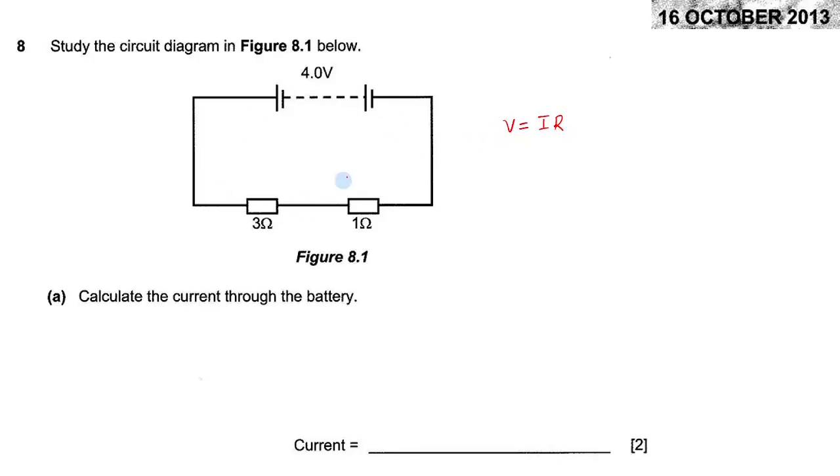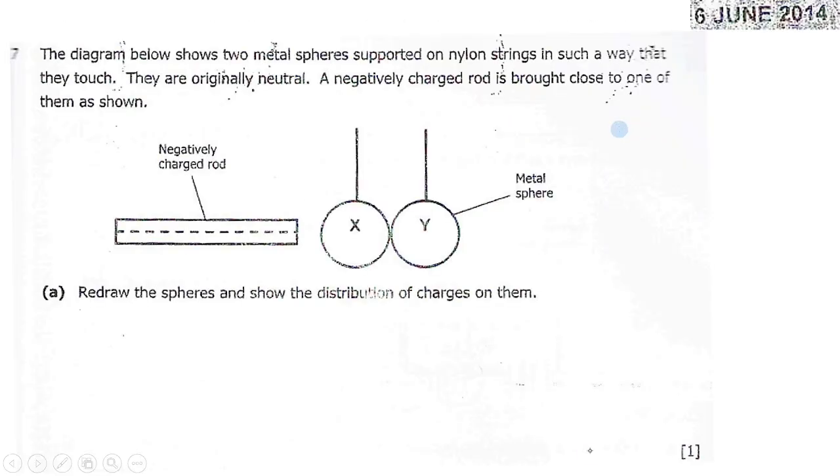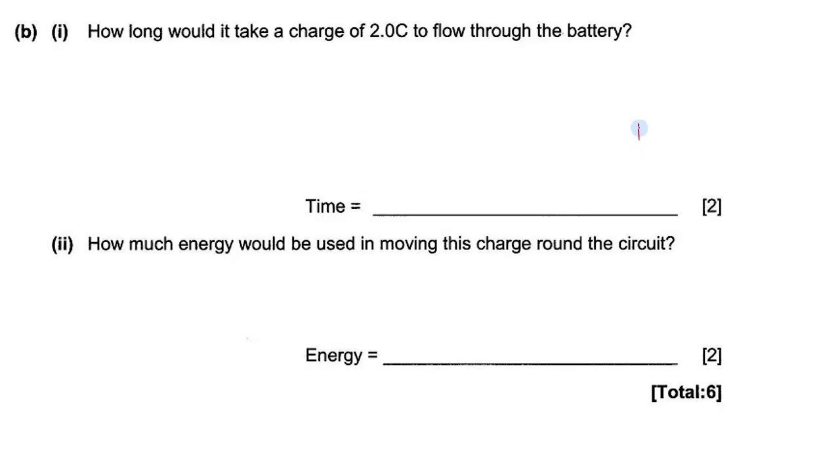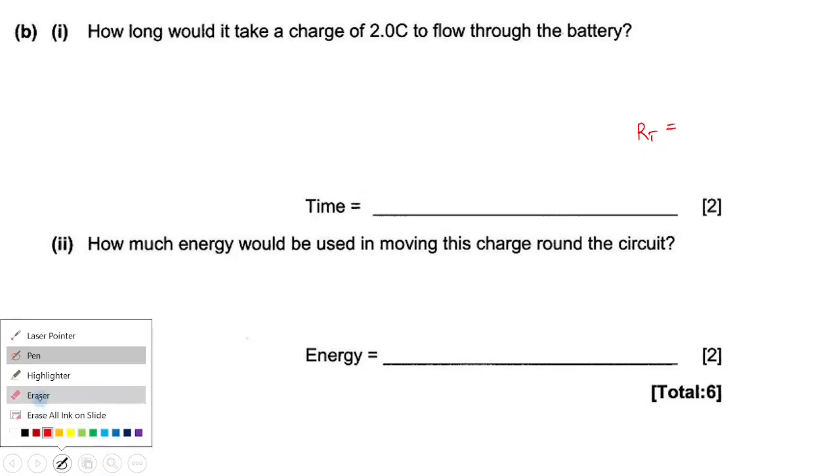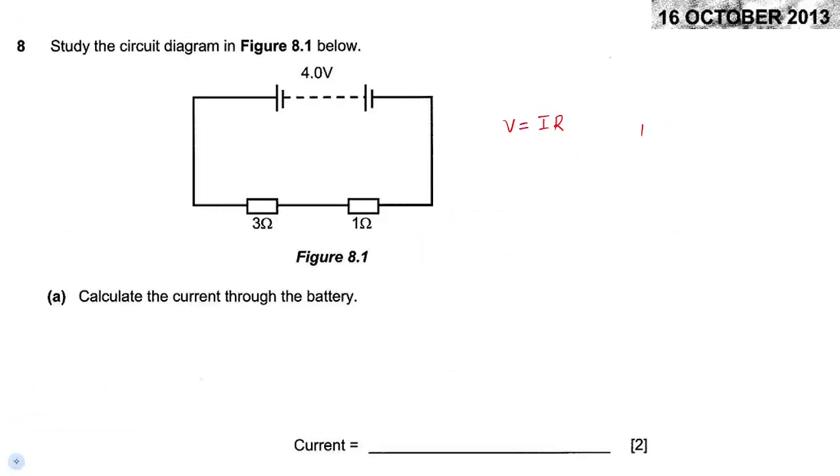To find current here, we need to find, first of all, the total resistance. Total resistance RT is going to be, these resistors are in series, so you just add them: 3 plus 1, which will be equal to 4 ohms.